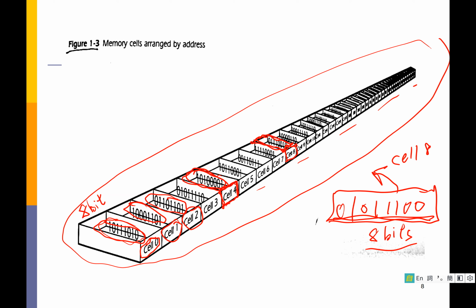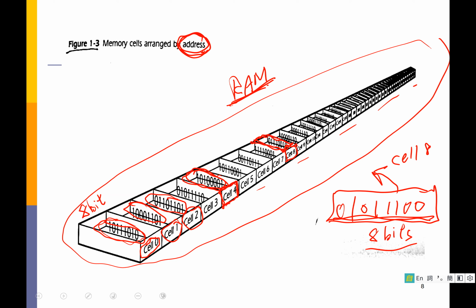Okay, so RAM is primarily managed by its address. By using the address, you can know where to save your data and where to get your data. Just like the contacts in your cell phone.